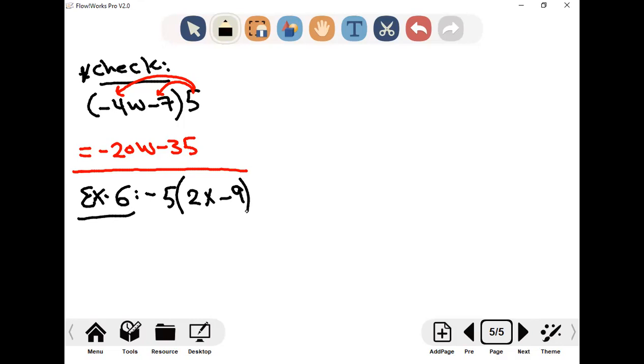Pay attention. Negative 5 multiplied by 2x is negative 10x. Negative 5 multiplied by negative 9 is positive. So here we distribute. This is equal to negative 10x plus 45.